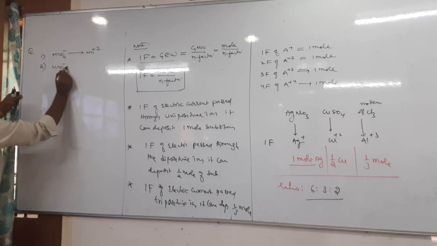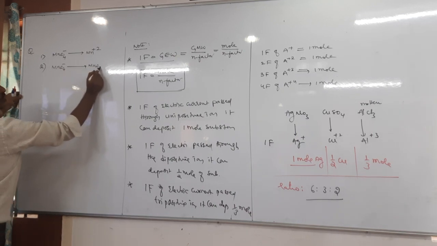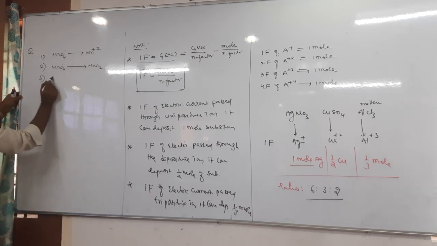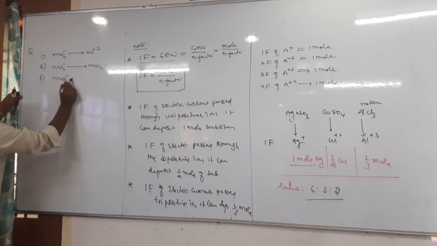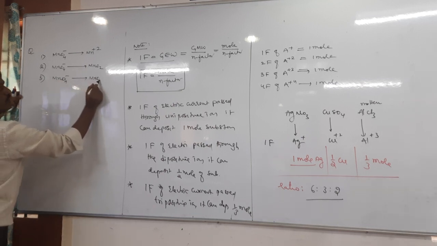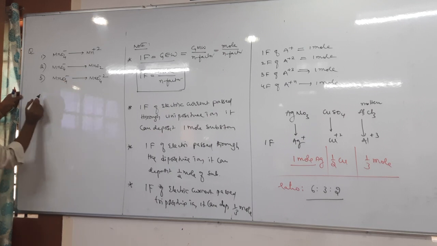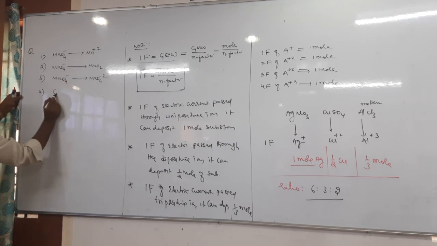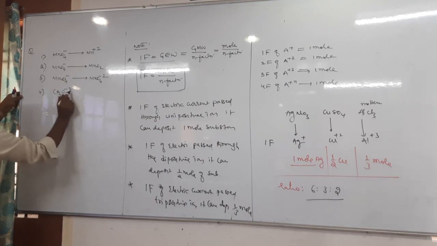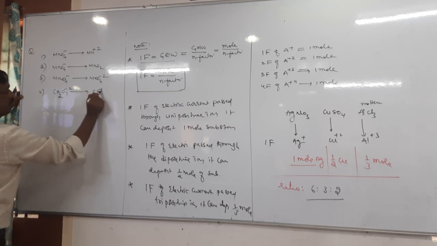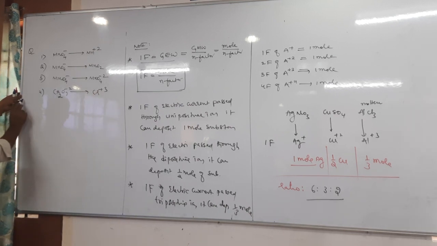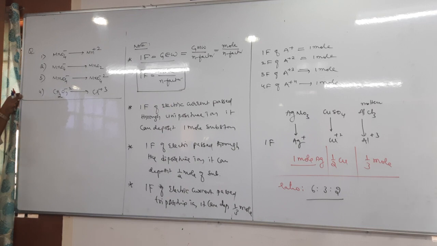MnO4 minus gives rise to MnO2. 3. MnO4 minus gives rise to MnO4 minus 2. 4. Cr2O7 minus 2 gives rise to Cr plus 3. So in these conversions, how many Faradays of electric current are required?